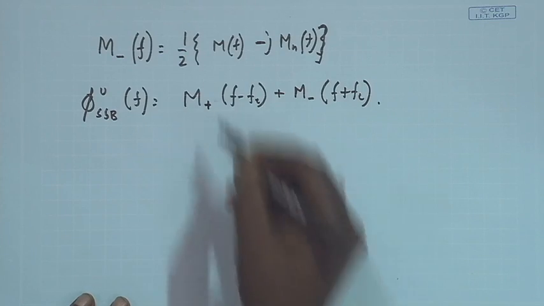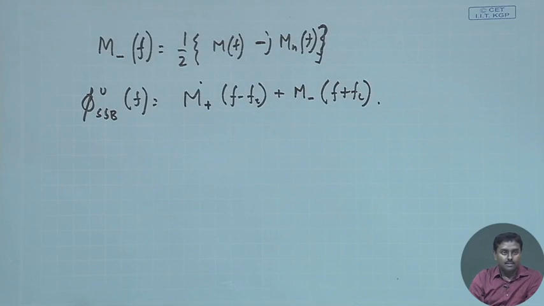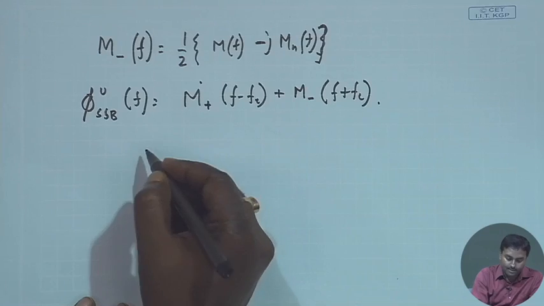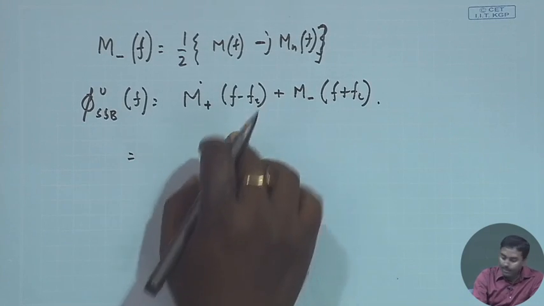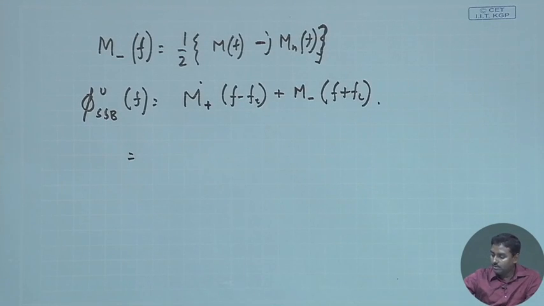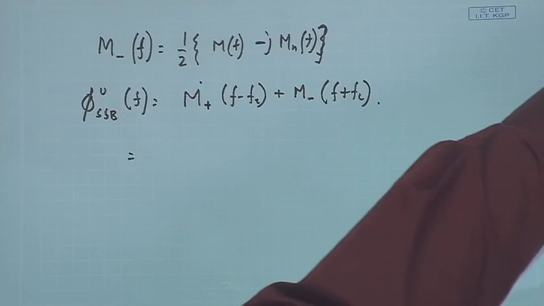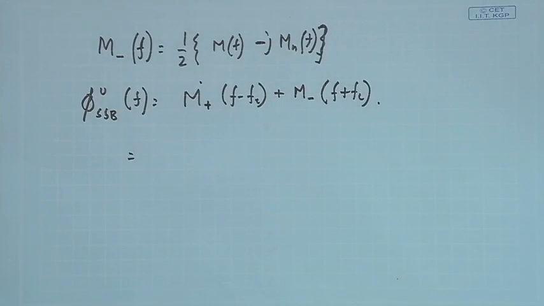Now, all I have to do, this M plus I already have expression. So, I will have to just replace that. So, M plus I already know that M plus is nothing but half into M(f) plus j M_h(f), right. So, I will just write that.